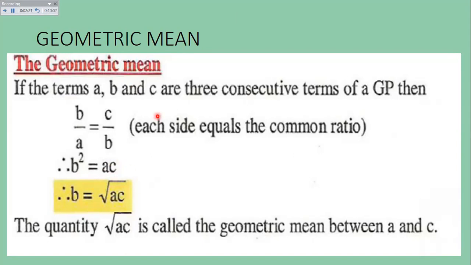One thing you're going to discover is that this quantity, B equals root AC, is what we call the geometric mean between A and C, meaning between the first term and the third term there is a geometric mean B. Okay, so we always know that example is the best teacher. Let's just see this in an example.